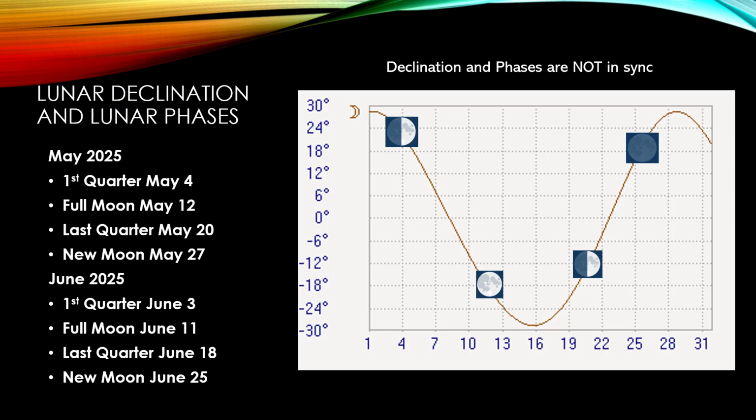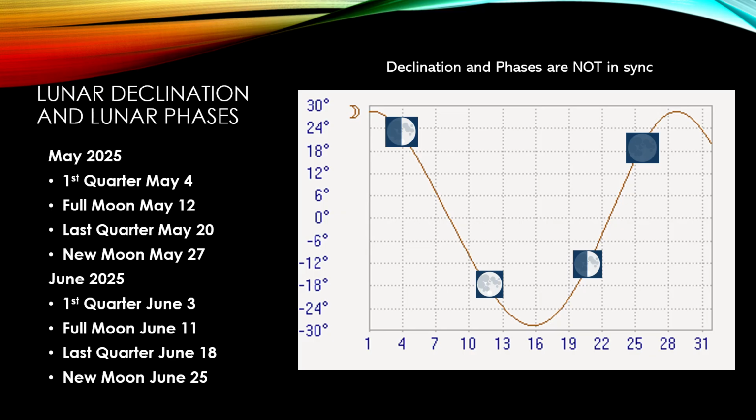Now, the other thing to know is that lunar declination is not in sync with your phases of the moon. So here you can see the moon moving along a declination cycle, and where the phases of the moon would occur during this month.